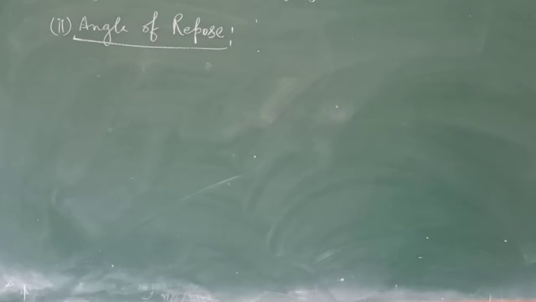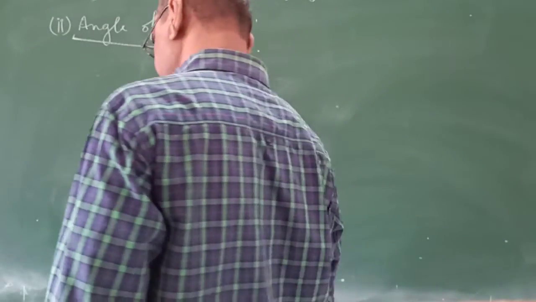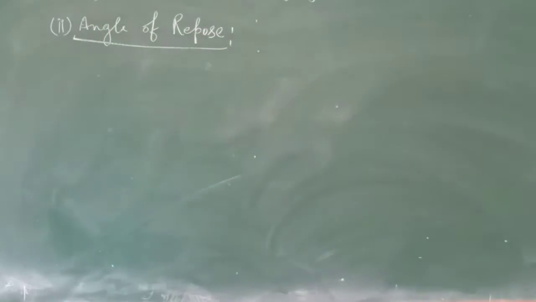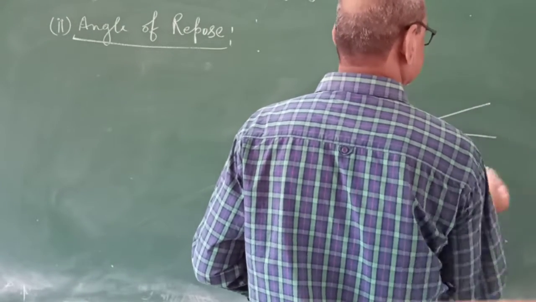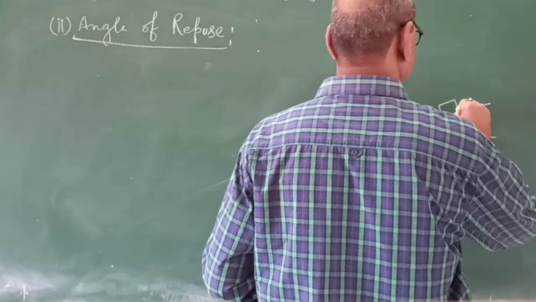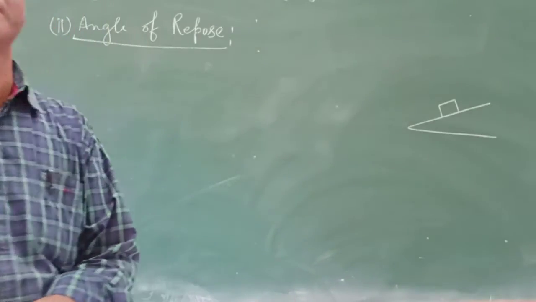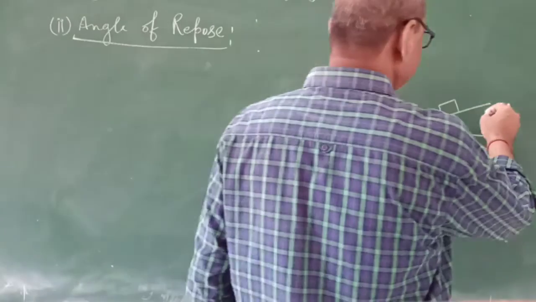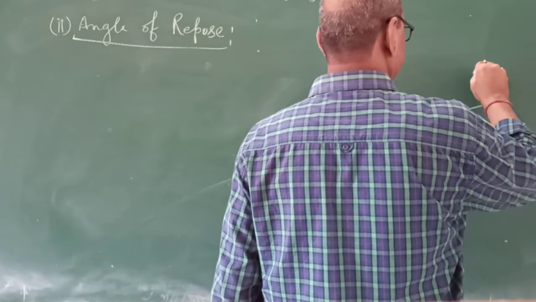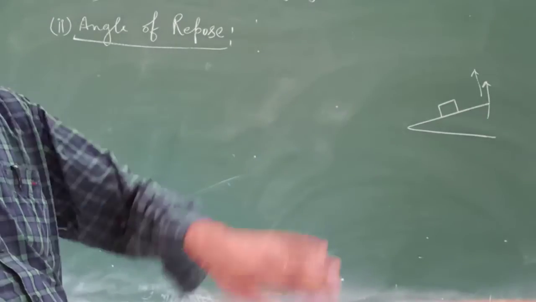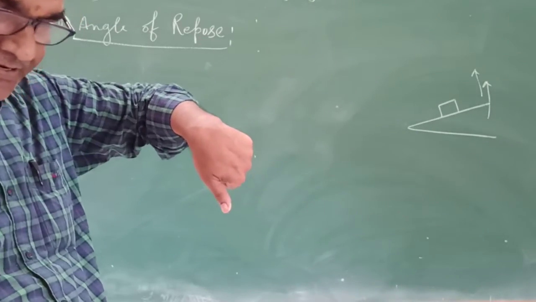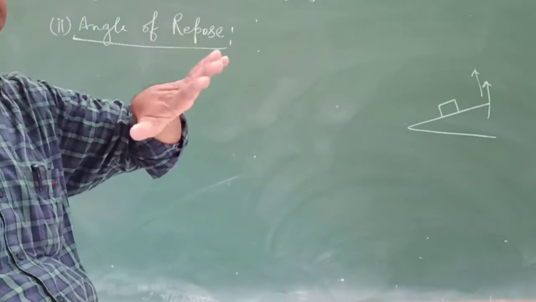Today I am going to start the angle of repose. We all know an inclined plane. A block is kept on it. Now we increase the inclination of the inclined plane, and we see that the block starts to slide down, not slide up.